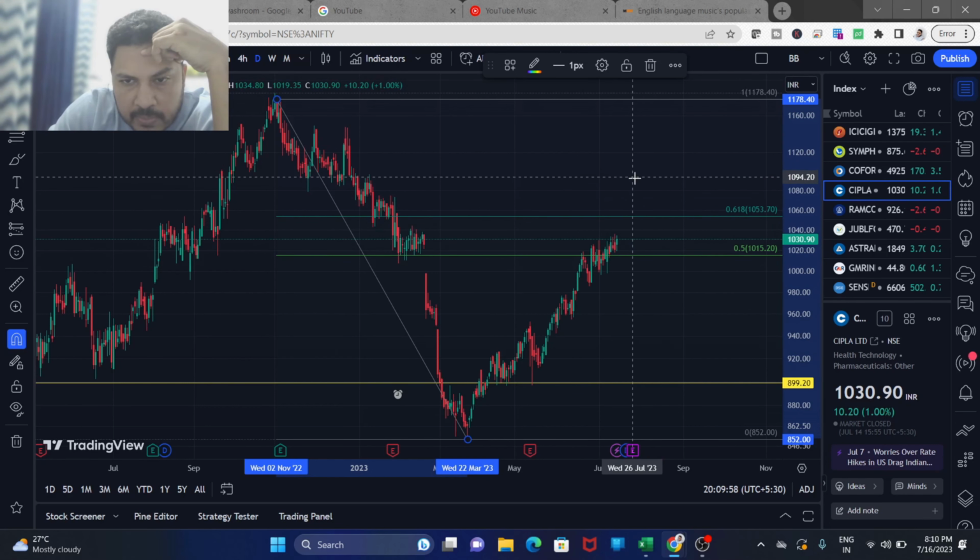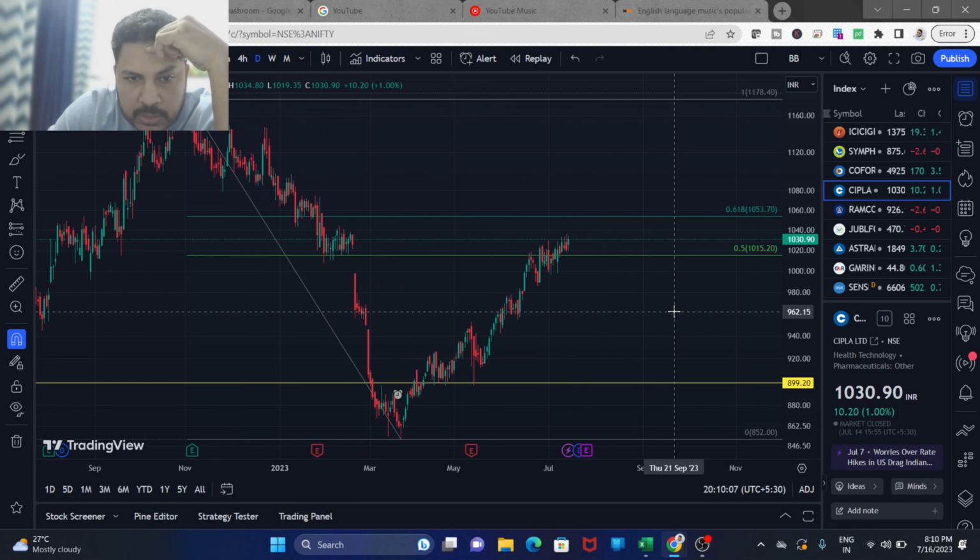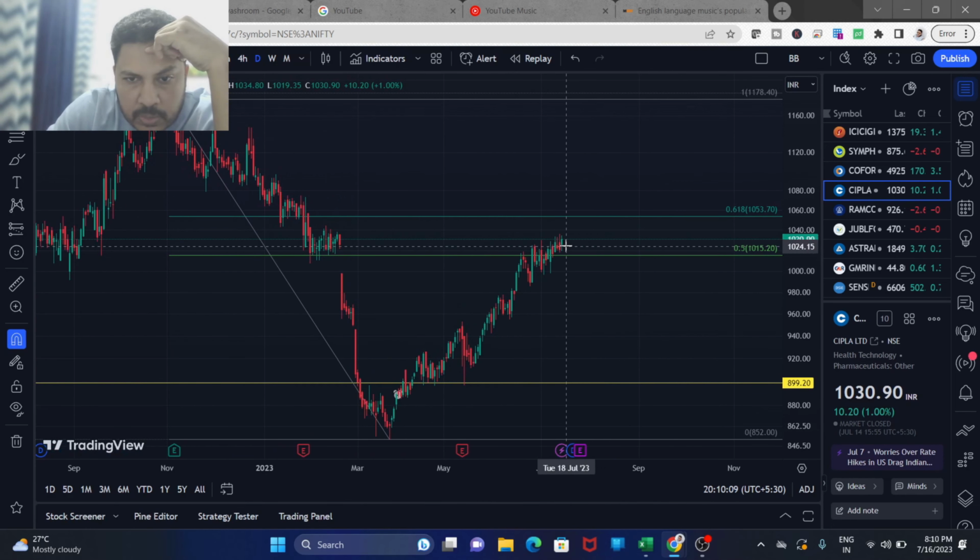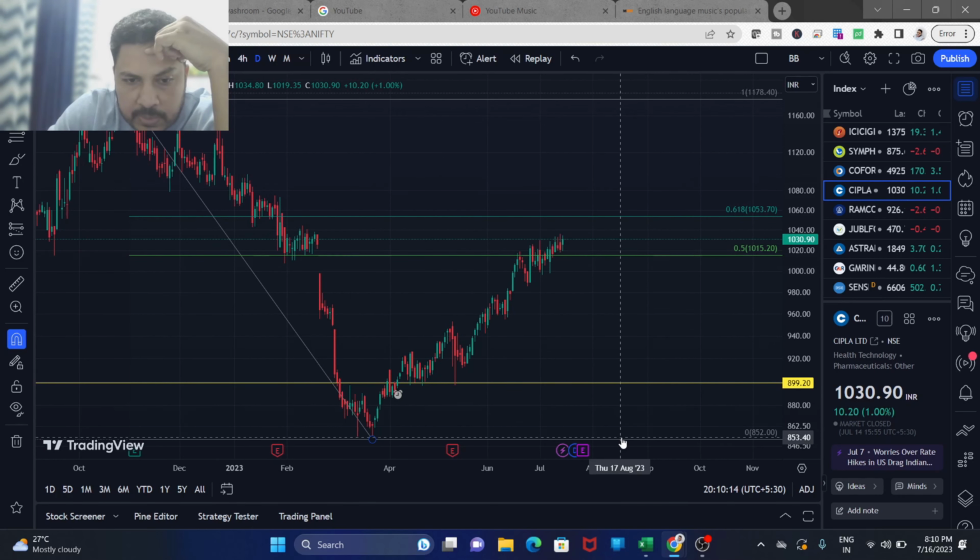That means it has to come and retest this zone, and then it will go up. So that will be a perfect entry to take a long position. Here, as of now, I can see that it is in the zone, and if it breaks this zone with one big candle, then the target is about the bottom side.